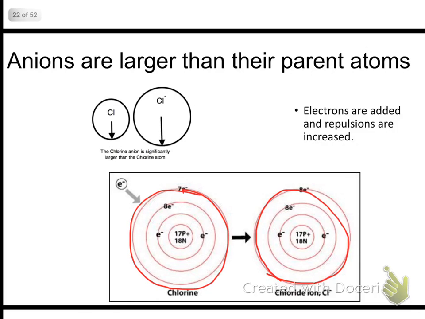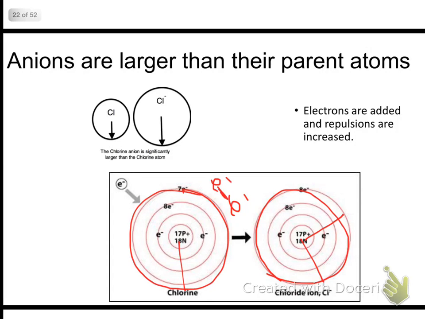They both have the same number of protons, 17 protons, and this has one more electron. The distance away is pretty much the same, the same number of energy levels, but now I have an 8th electron. And what we said earlier was that if I have multiple electrons, because they're both negative, they're going to repel each other a little bit.